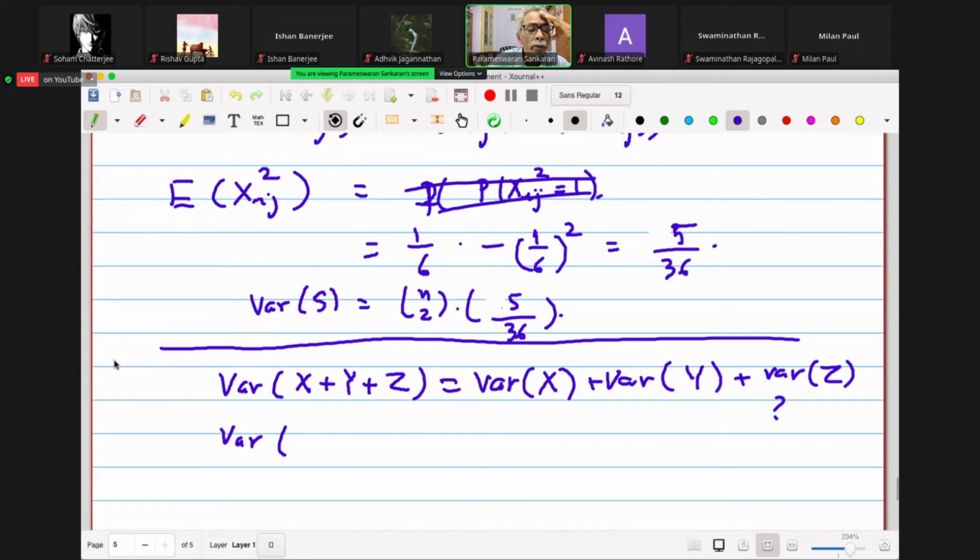If we know this, then maybe you can apply this successively or more generally. Assuming pairwise, I somehow think that it probably is not true. So x1, x2, up to xn. The question boils down to the following. Suppose x and y are independent. I think we did this.